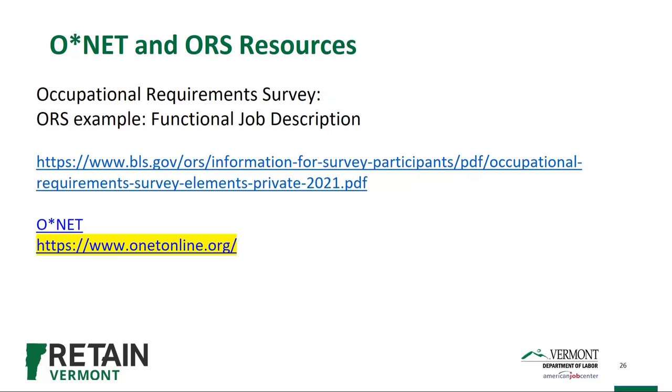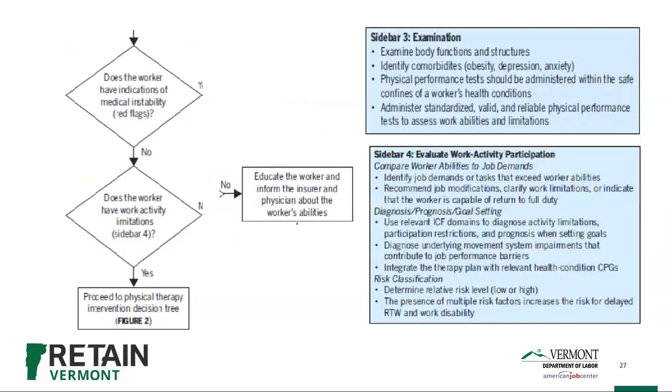And there's also the Occupational Requirements Survey, which has functional job descriptions. This slide is directly from the CPT. We'll let you look at it at your own pace, but this has the information that I just shared with you in the past few slides.